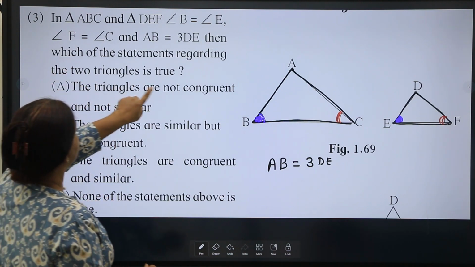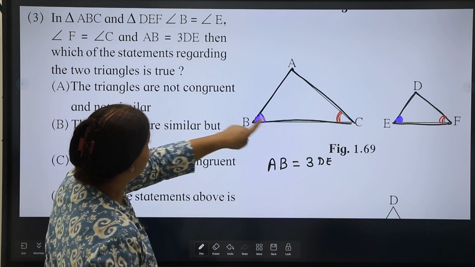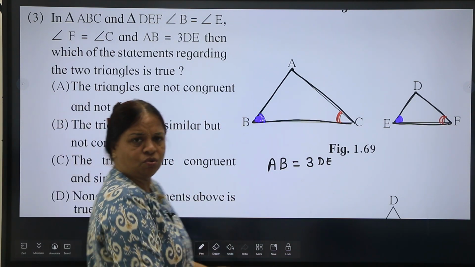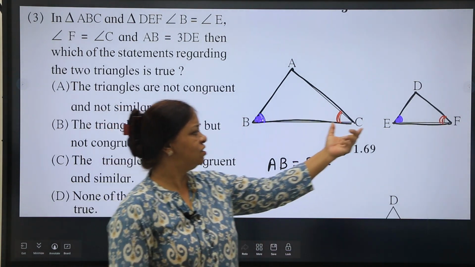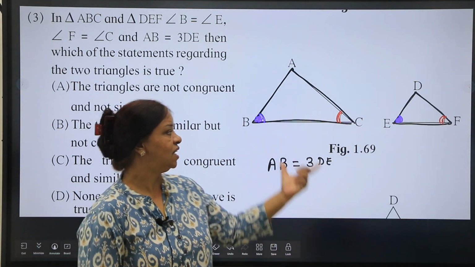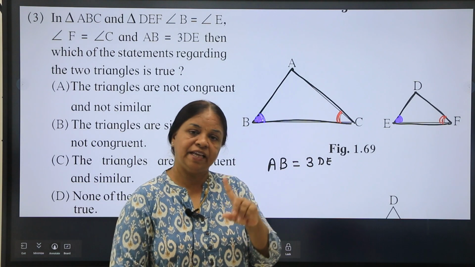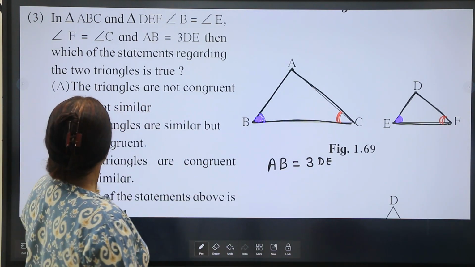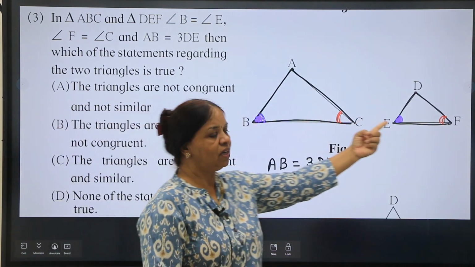Which of the following statements regarding these two triangles is true? The triangles are not congruent. Yes, of course they are not congruent because the size of this triangle is smaller and this triangle is bigger. Not congruent, not similar? Yes, they are similar. Why?